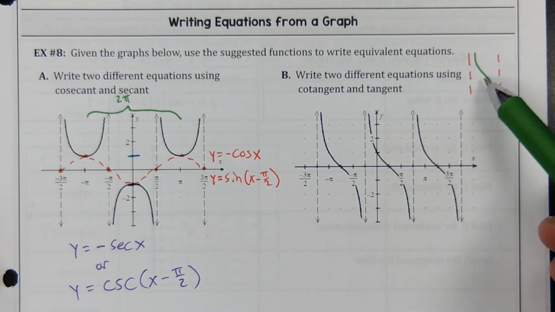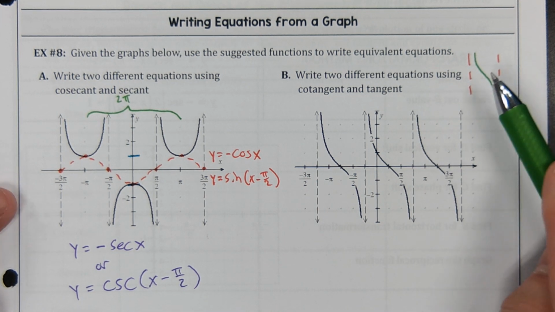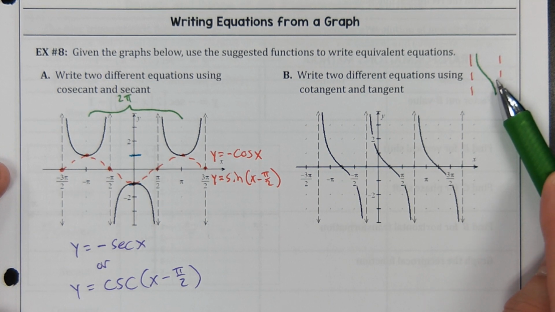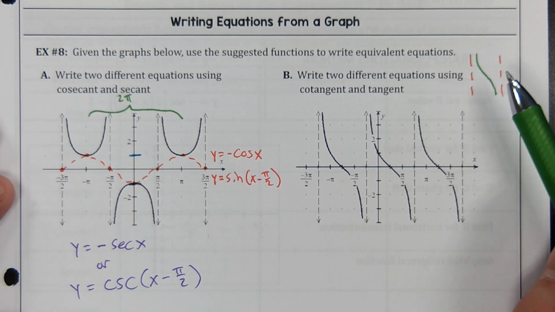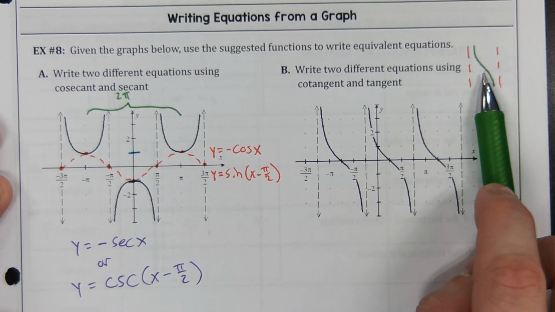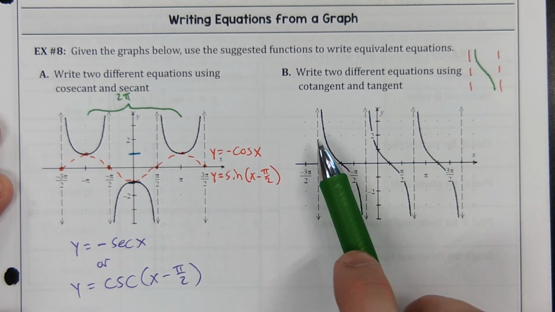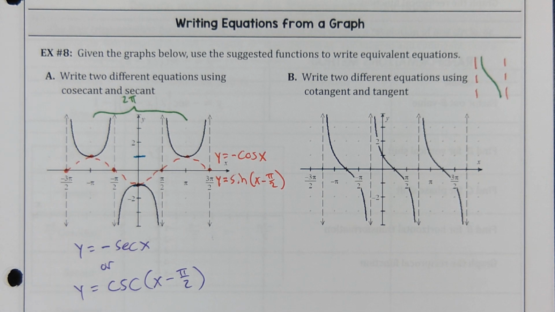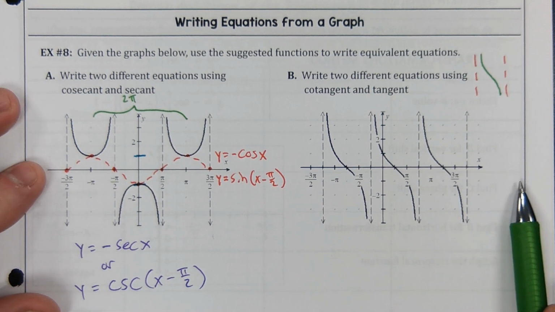Is this what tangent looks like or cotangent? This is what cotangent looks like. Cotangent is a decreasing function. Tangent is an increasing function. So based on the fact that it looks like this, I want to say that this is a cotangent model. We could write it as a tangent, obviously, and we're going to, but it looks like cotangent.